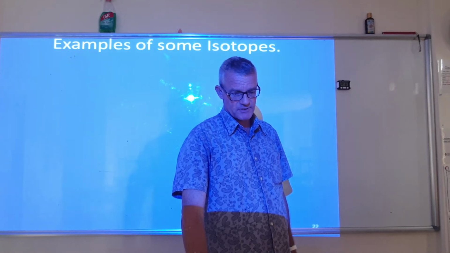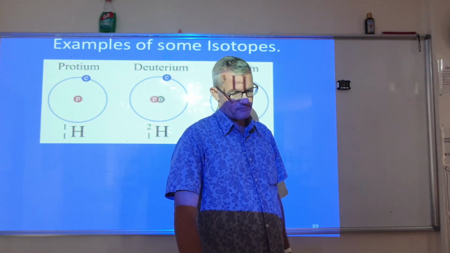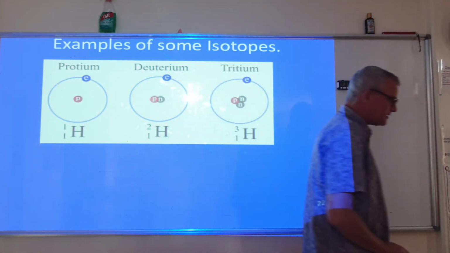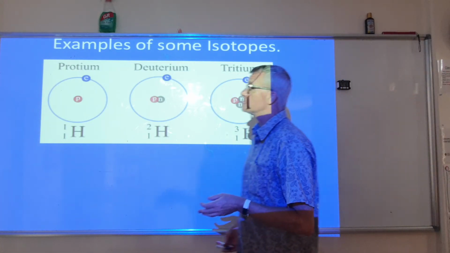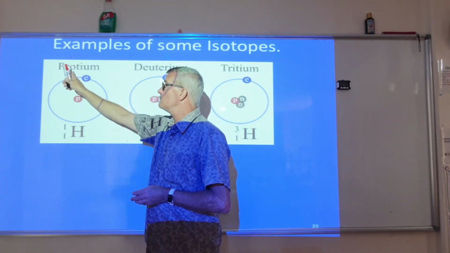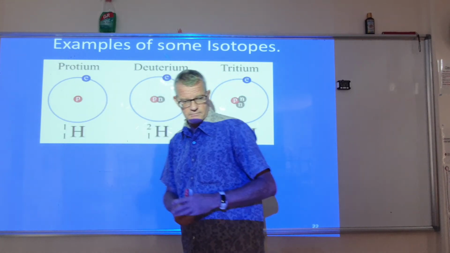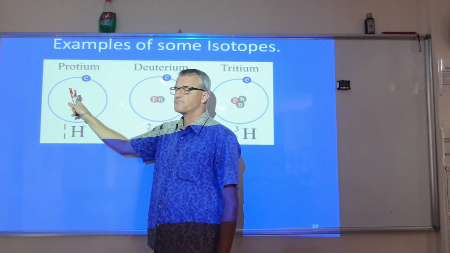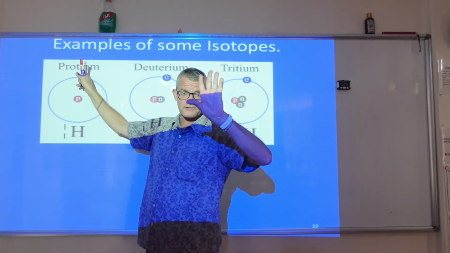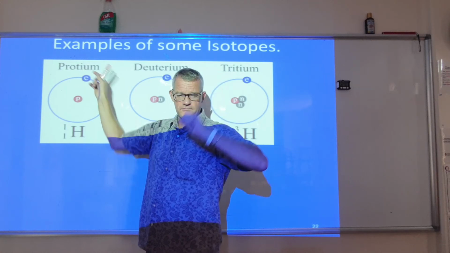Some examples of pretty important isotopes, and you might have heard about them. When we look at a normal hydrogen atom, which occurs most of the time, we call it protium, which is hydrogen. And remember, hydrogen only contains a proton and an electron, it does not contain a neutron.